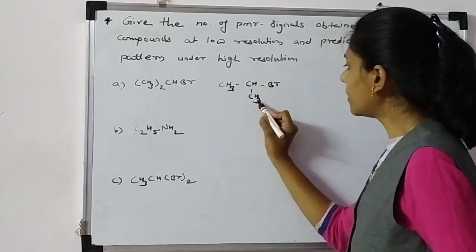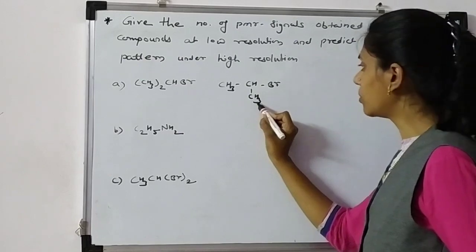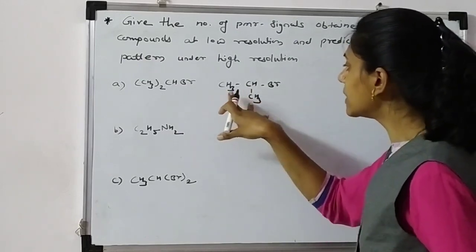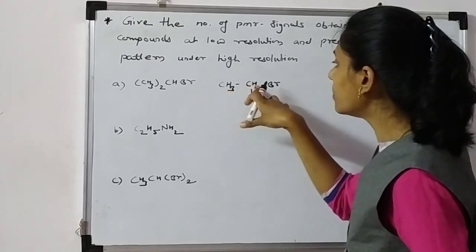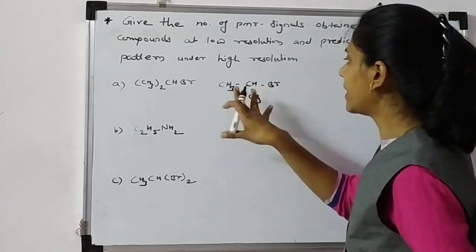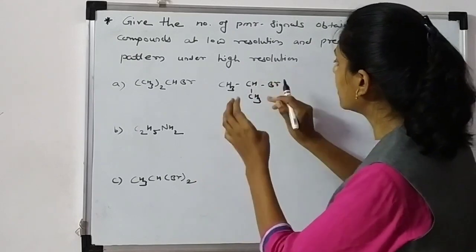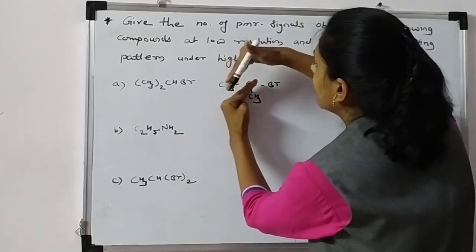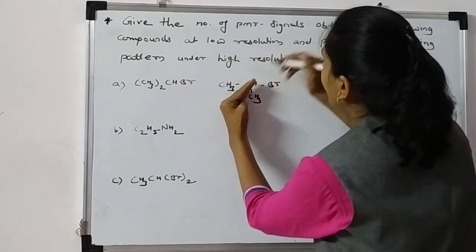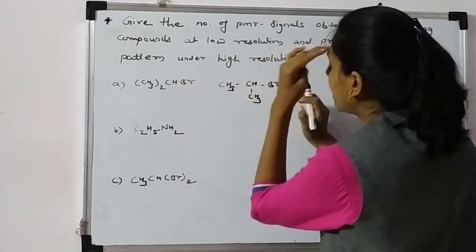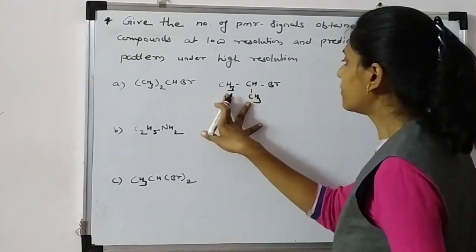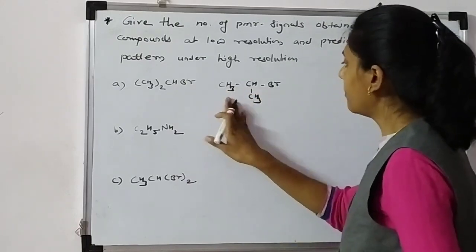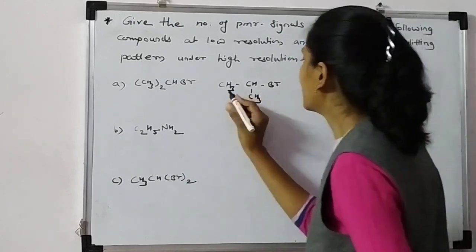Here there is one methyl group and another methyl group. The environments of these two methyl groups are the same, since both are attached to the methyne carbon which is attached to bromine. When we draw the symmetry, we get the same side, with the methyl groups and bromine in between. So the environments of these three protons and these three protons are the same.